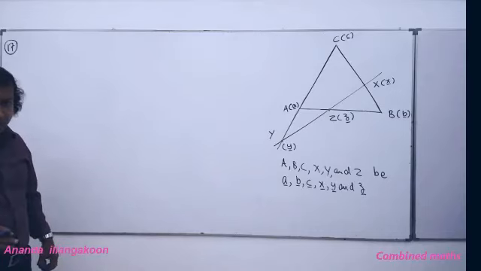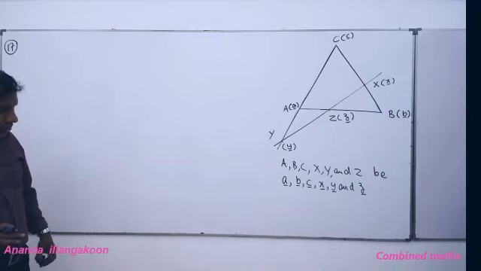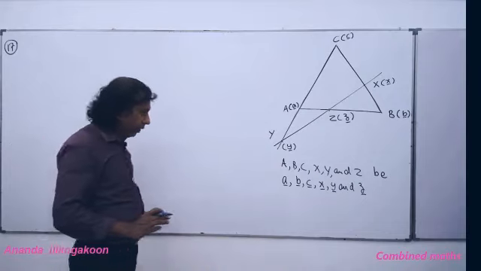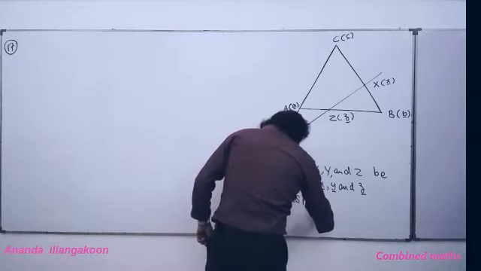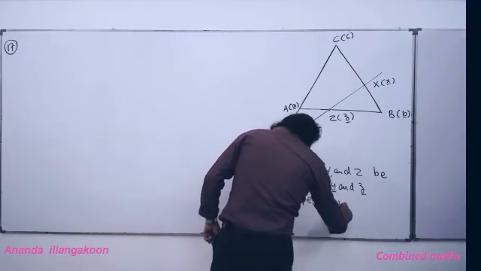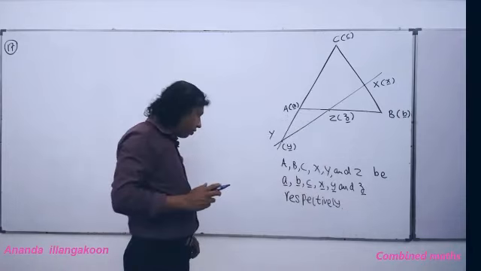Underline the small letters: A vector, B vector, C vector, X vector, Y vector, and Z vector, respectively.